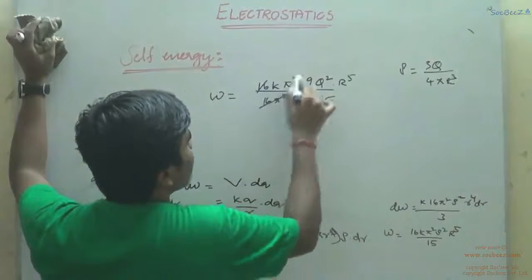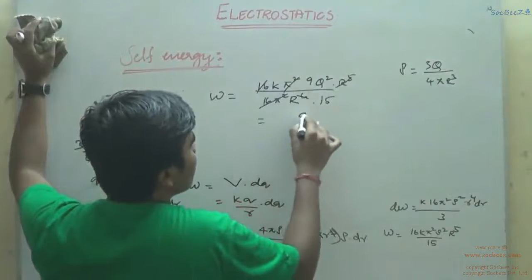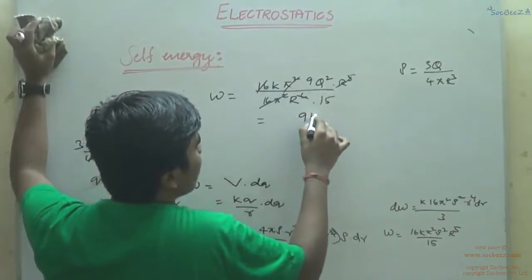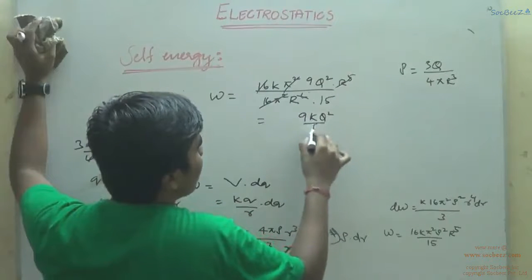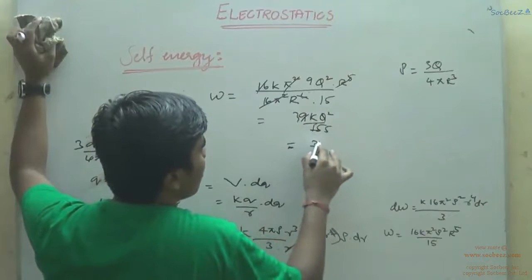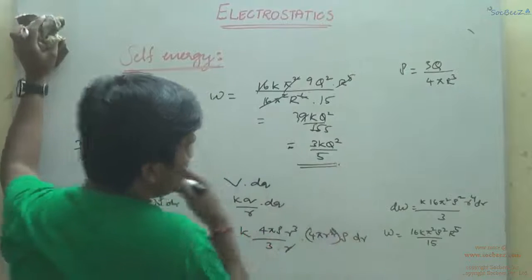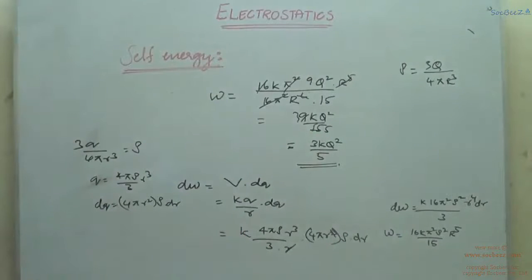So 16 pi square gets cancelled, r power 5 by r power 6. So 9kQ square by 15. So 3kQ square by 5. So this is the self energy of a solid conducting sphere.